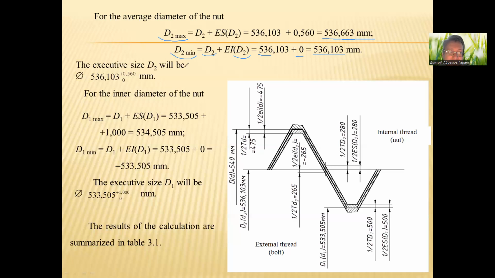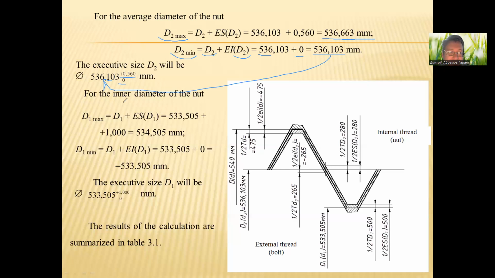The executive size on the average diameter d suffix 2 will be 536.103, upper limit deviation plus 0.560, and lower limit deviation equal to 0.